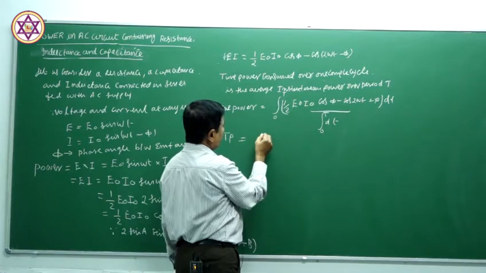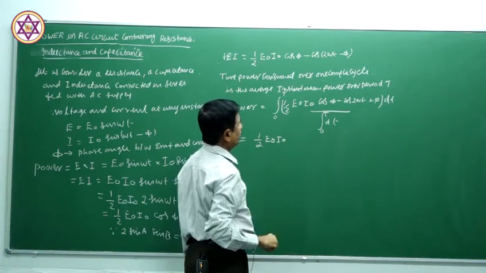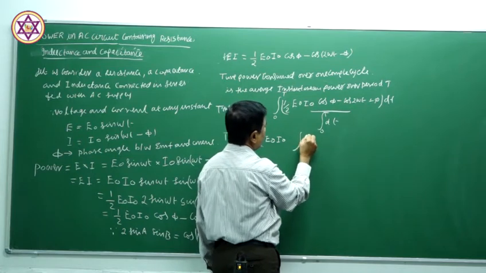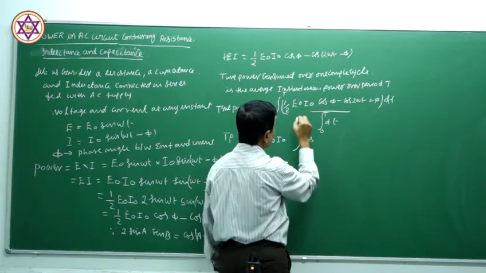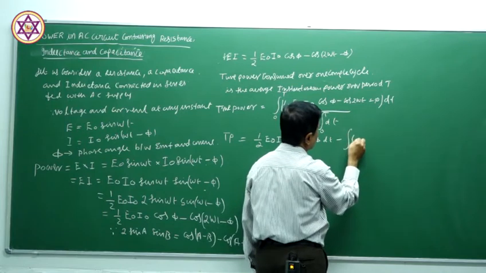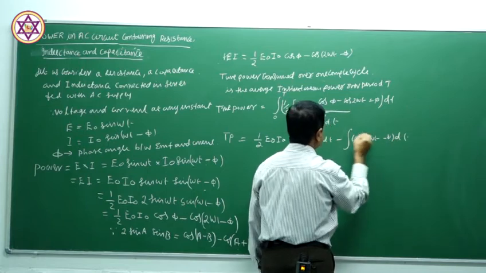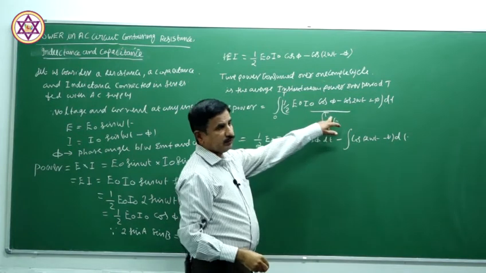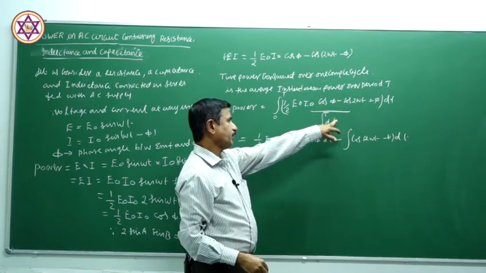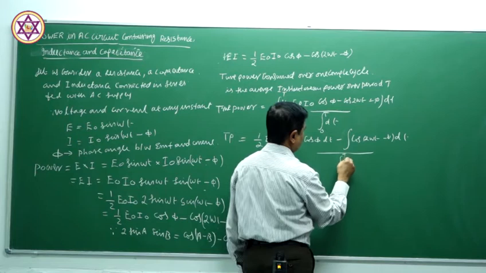I will take out E naught I naught, which is not integrable. So I can write this as the integral of cos phi dt minus the integral of cos 2 omega t minus phi dt, each from 0 to T.